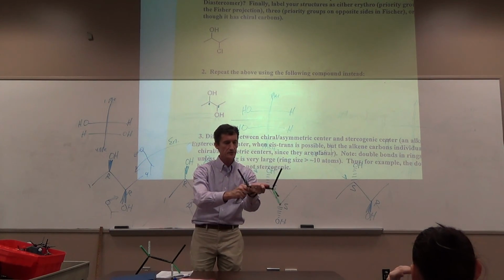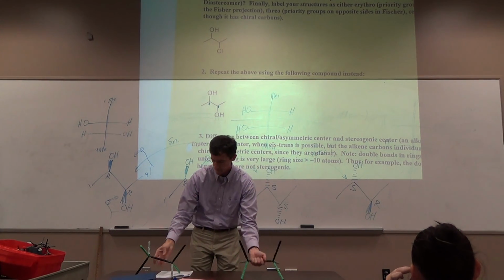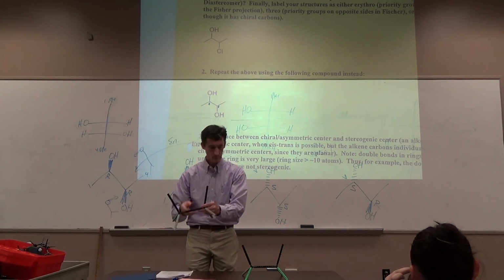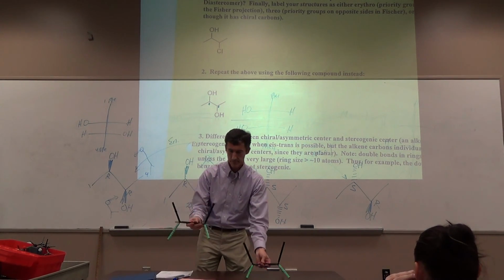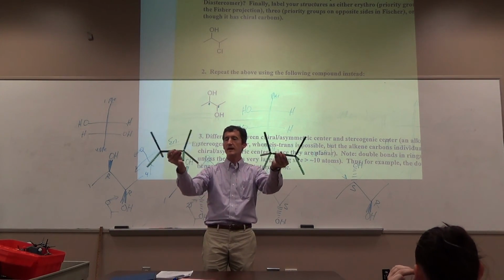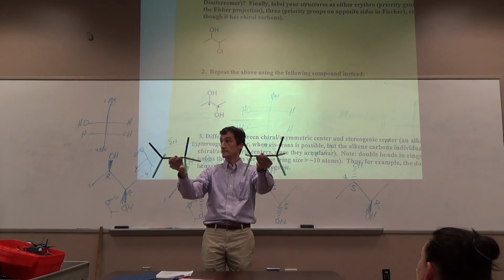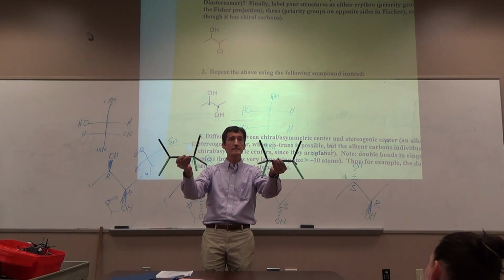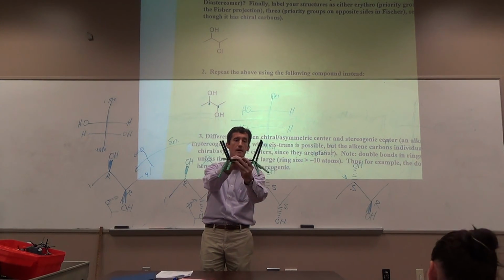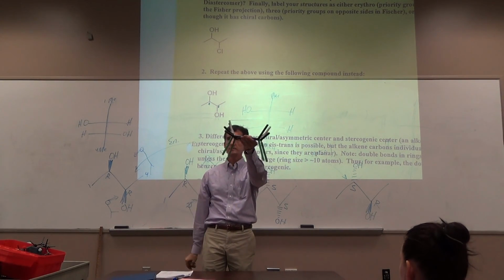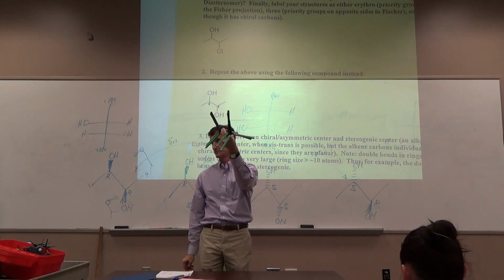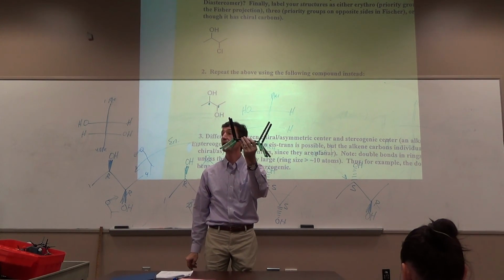Are these mirror images? If that looks in the mirror, will it see that? Yes. Are they the same or different? Same. Now look, I can just stack them on top of each other. It's the same compound.